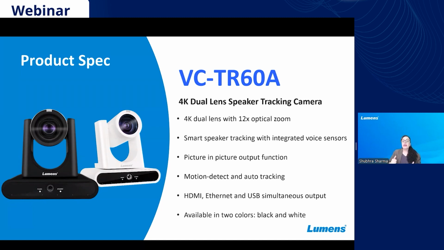Secondly, for any scenario where you're not using a ceiling microphone, and you have a room where you want voice tracking, the tracking in this camera can be up to 8 to 9 meters, which is equal to 24 to 25 feet, a pretty good distance. So anywhere you are designing a solution for a boardroom and you want voice tracking at this distance, you can simply position this camera for that sort of application.